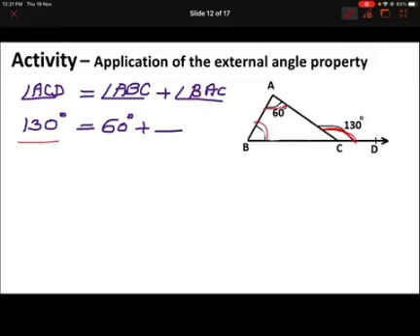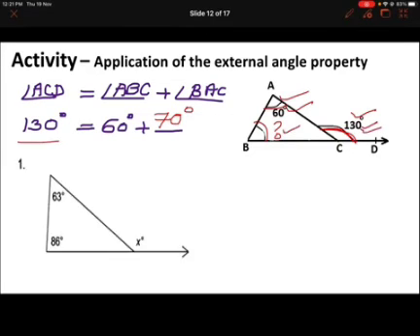But instead of giving you the opposite angles, he has given you the exterior angle and one of the interior opposite angles. How do you find the other? Very simple. 130 minus 60 will give you the other angle. So, what did we discuss in the property? 60 plus 70 should be 130. Okay? Next.